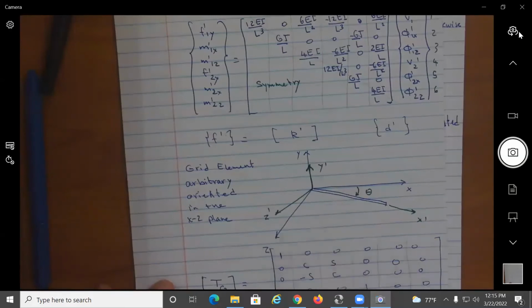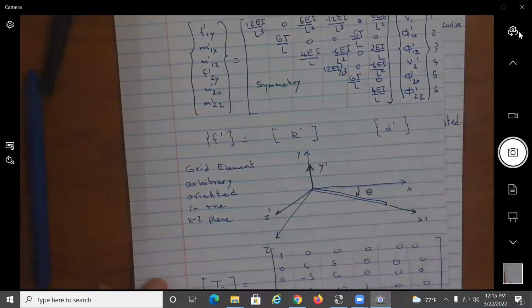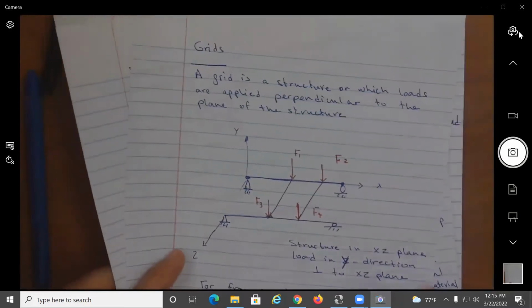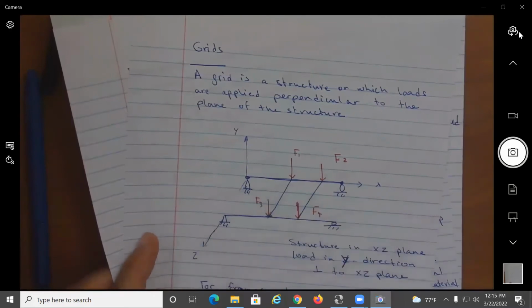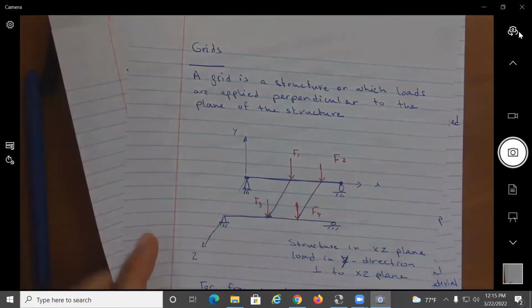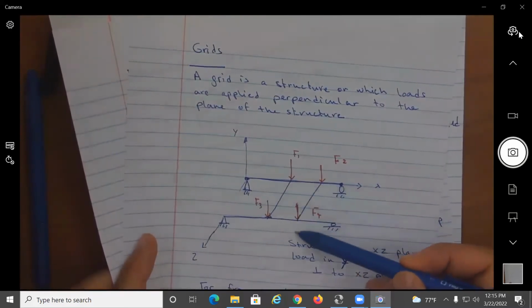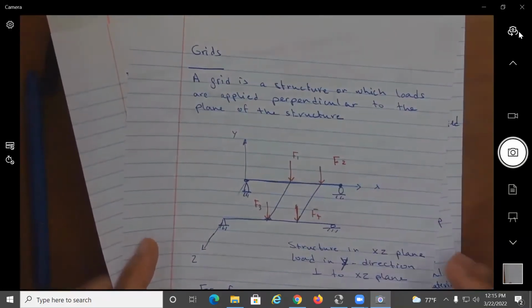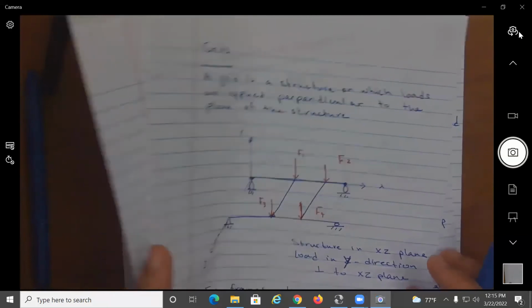Correct. We've been keeping that since we started today talking about the grid. You can see, for example, these elements are making an angle of 90 degrees with the X. It's the same thing. They're also XZ.